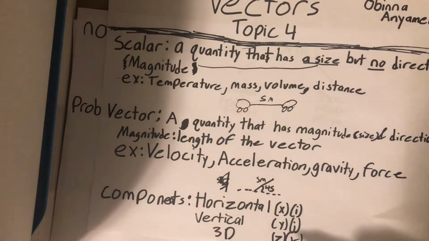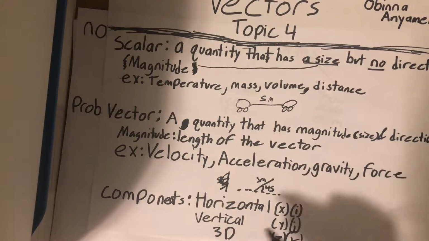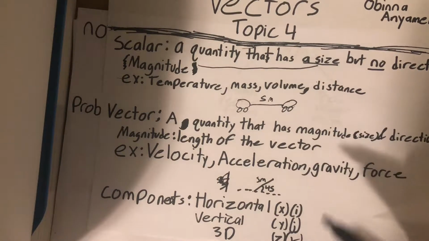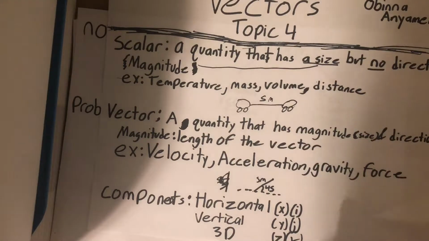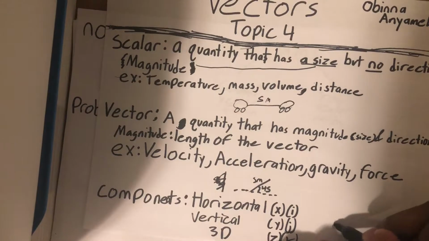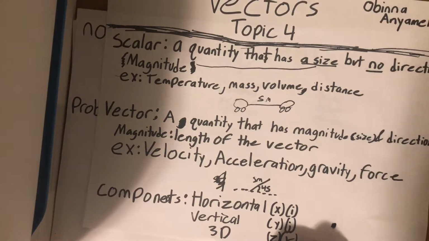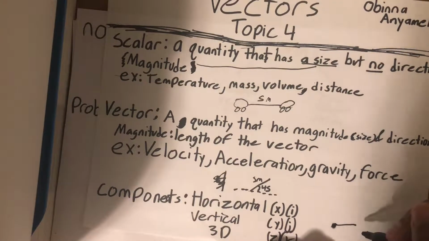So then the components you have are the horizontal component of the vector, the vertical component of the vector, and then when you're using 3 of them, you have the 3D component of the vector. So let's say we start at this point as the origin, horizontal component, either called X or I. You have this as the horizontal component.